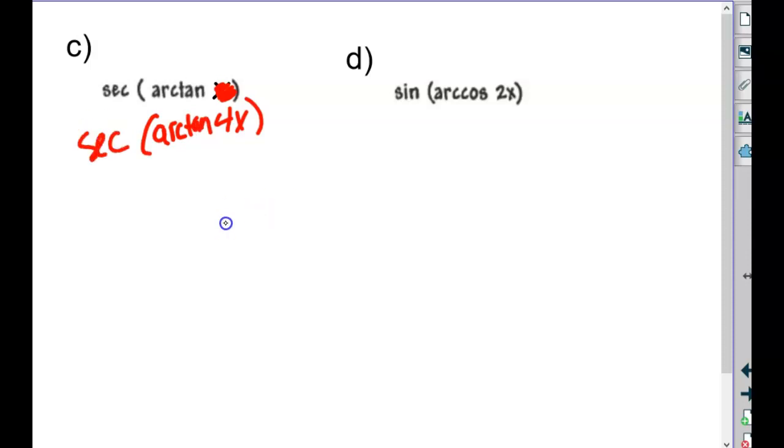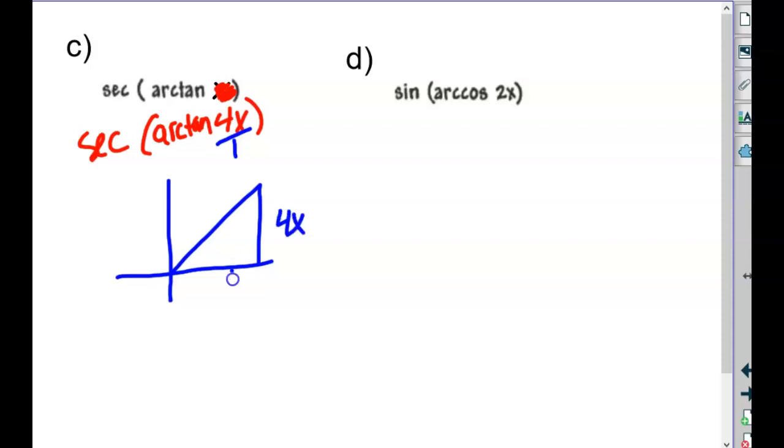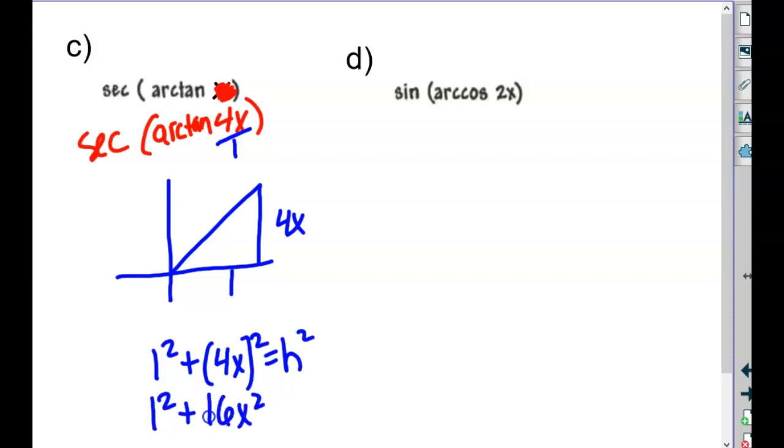Yeah. All right, so if we had a tangent that was 4x over 1, opposite over adjacent, so we'd have leg squared plus leg squared equals hypotenuse squared. 1 squared plus 4x times 4x is 16x squared. Everybody good with that? And again, then when I square root, even though it's a plus, it doesn't matter.